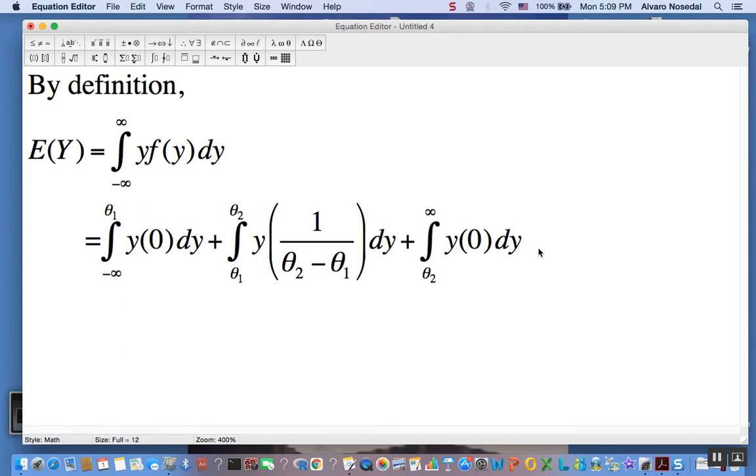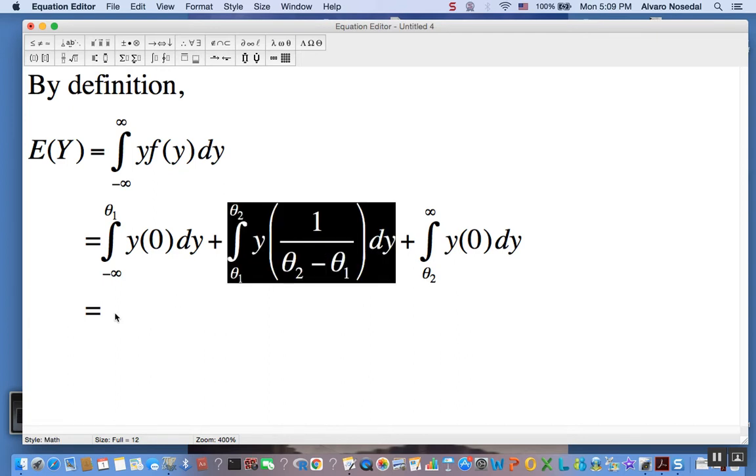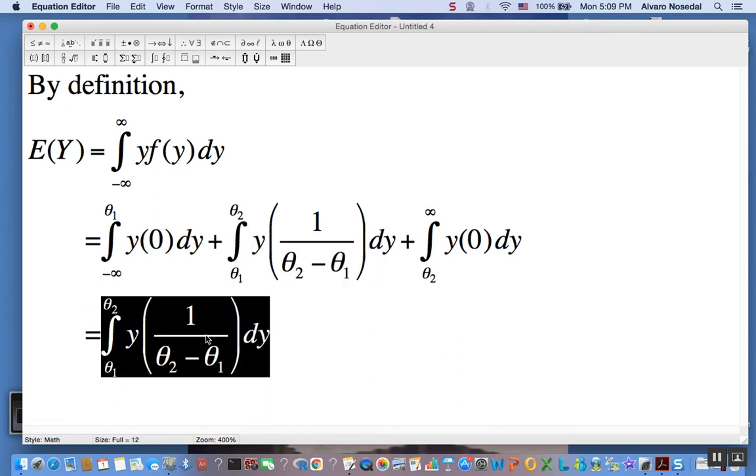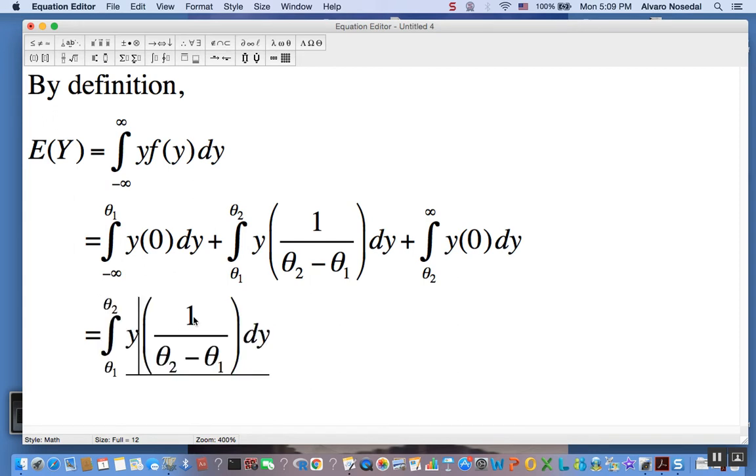So the only one that matters is the second integral. That is the only one that is going to be different from 0. So let me copy paste that. Now remember, theta 2 and theta 1 are constants. So theta 2 minus theta 1 is going to be a constant, and 1 over that constant is going to be a constant.